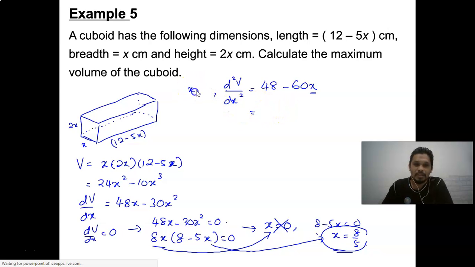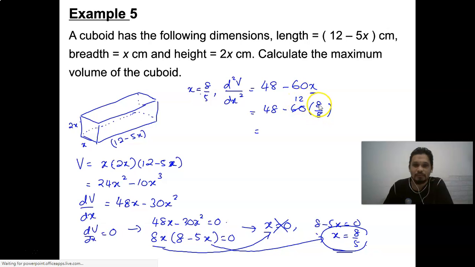When x equals 8 over 5, with the second derivative, 48 minus 60 multiplied by 8 over 5. 60 divided by 5 is 12, 12 times 5 equals 60.